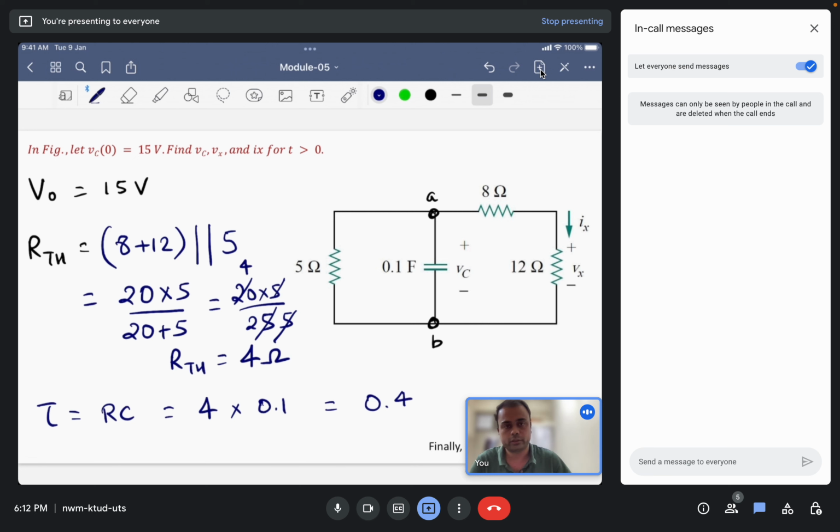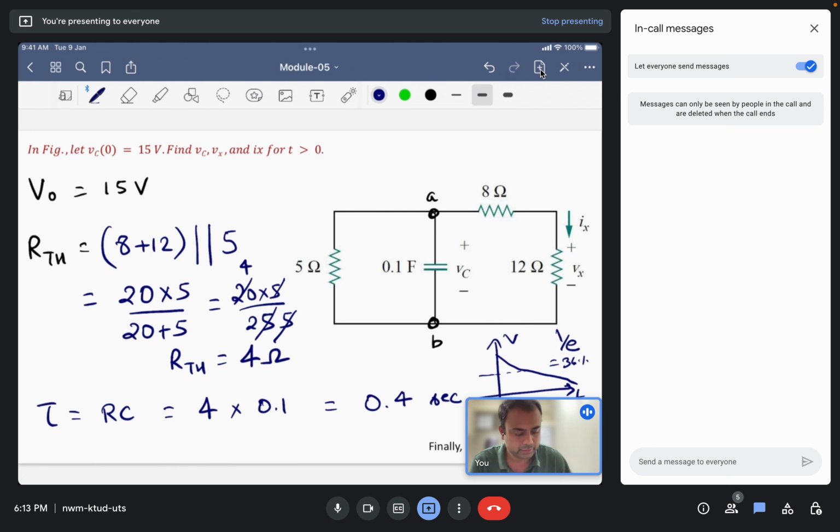Okay, so the unit for time constant will be second. Time constant is the value at which the circuit gets discharged by a factor of 1 by e. Suppose we have a voltage curve; the time T at which the voltage V gets discharged by a factor 1 by e, that is around 36%.